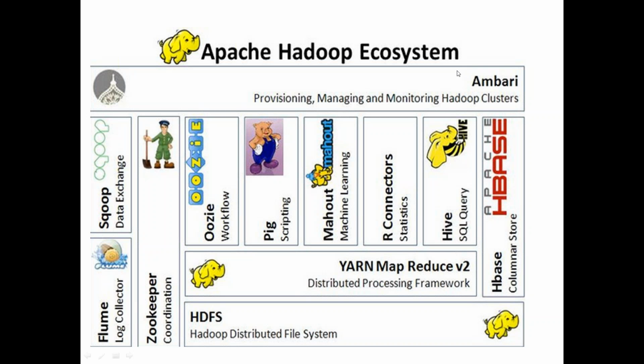And on top of it, Ambari is present. It's mainly used for provisioning, managing, and monitoring of your Hadoop cluster. If you want to manage a number of nodes with all these daemon processes running across them, you can use the monitoring service called Ambari.